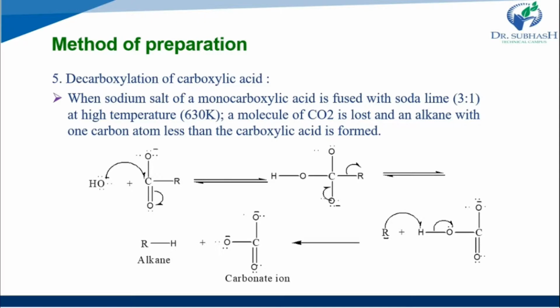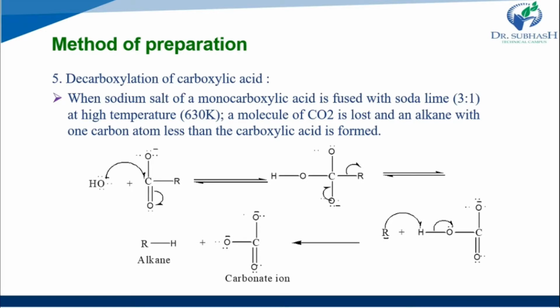So first we take the monocarboxylic acid and react it with soda lime at a high temperature, then one CO2 molecule is lost, making a carbanion, and the alkane is removed.